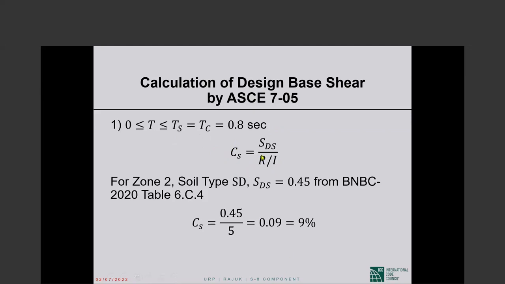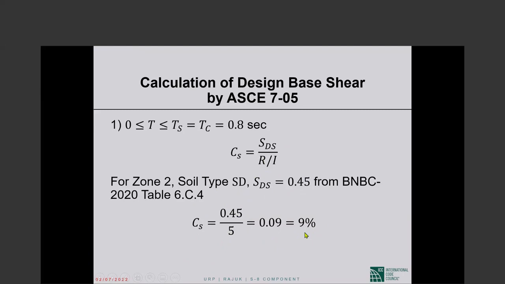So C sub S is S sub DS over R over I. For zone 2, soil type SD, S sub DS is 0.45 from BNBC. So S sub DS is given in that table. So C sub S is the S sub DS of 0.45 divided by R of 5 and I of 1, and that gives us 9%, just as BNBC did.